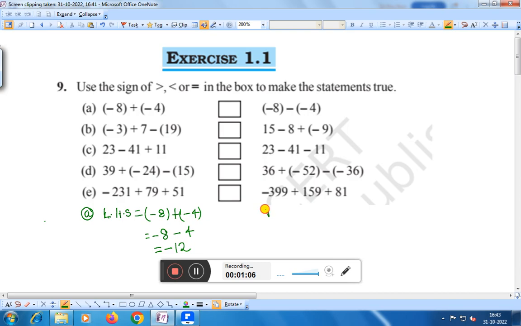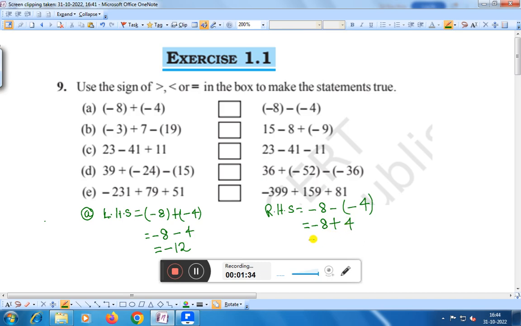Right hand side, RHS, is equal to -8 minus of -4. Therefore, we are getting -8 minus into minus, that is +4, plus 4.